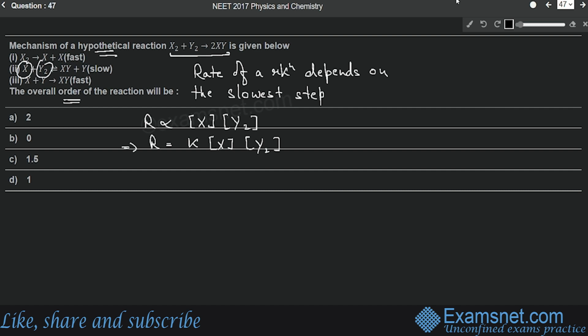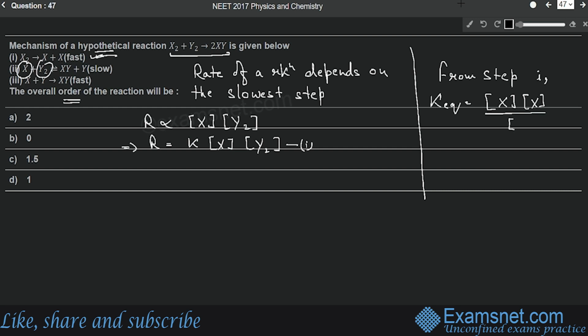Now, from the first step, that is the fast one, we can find the concentration of X and then put it in this equation. Let's say this is equation number 1. Now on this side, let's use the first step. From step 1, we can say that K equilibrium will be equal to the concentration of products, that is X into X, divided by the concentration of reactant, that is X2.